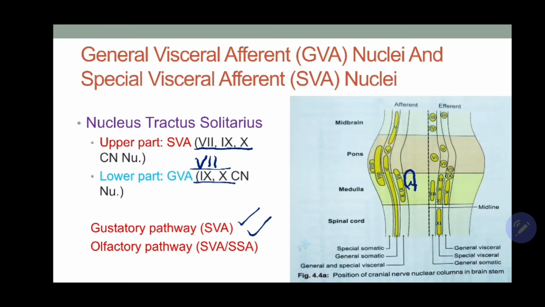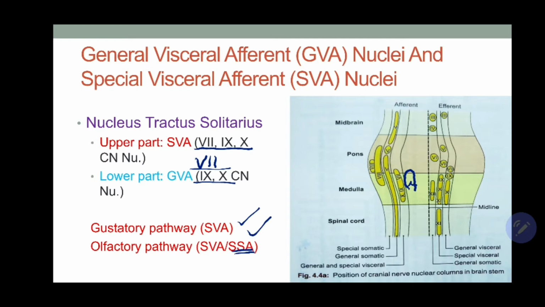There are authors, scientists, who say that the olfactory pathway, the sensations of olfaction, should be categorized as special somatic afferent, the lateral-most functional column. The reason they give is that the olfactory and optic nerves are not a part of the brainstem, right?